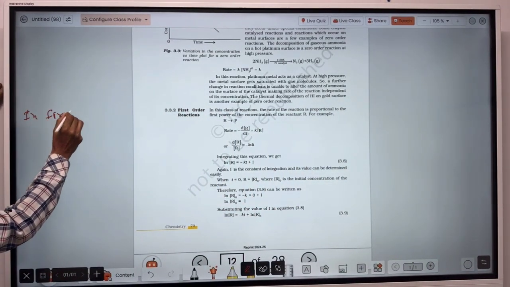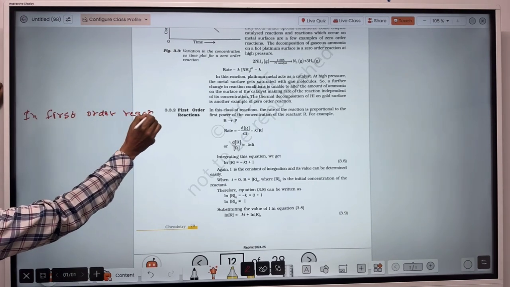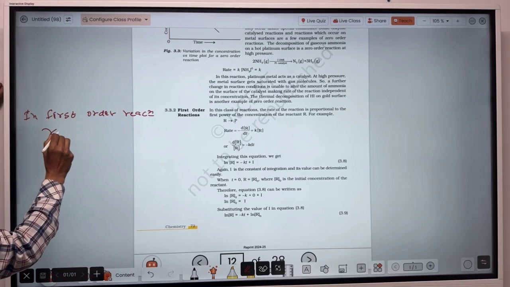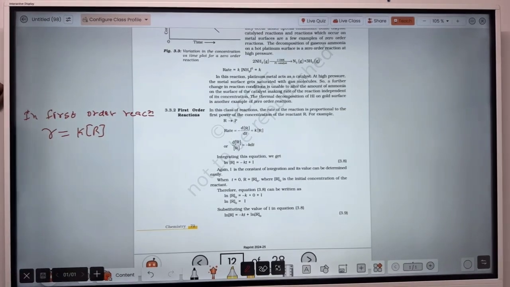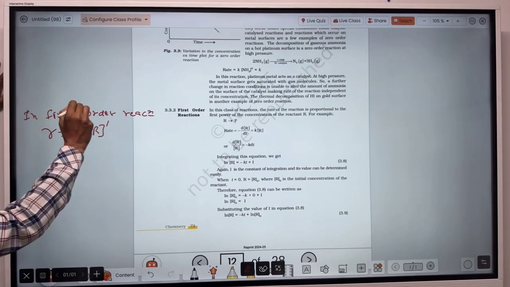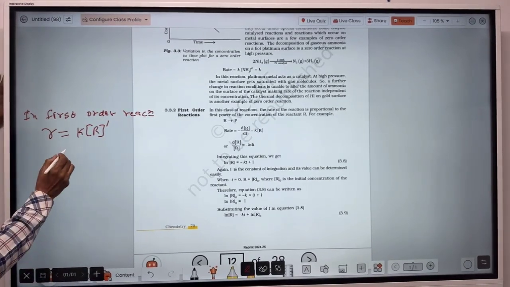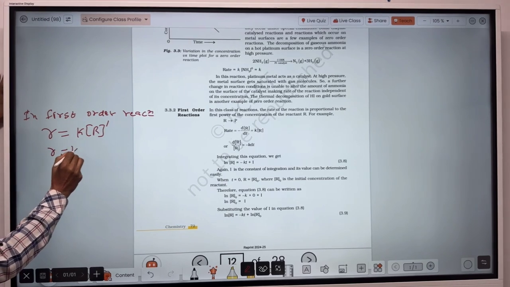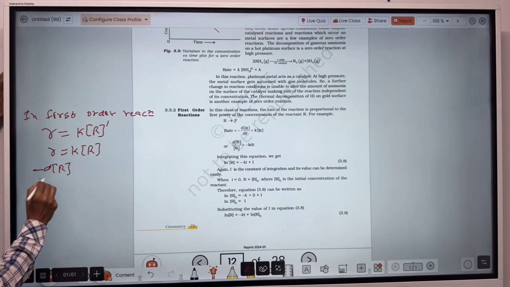In first order reaction, rate of reaction will be equal to k into concentration of reactant to the power 1. Here power 1 is nothing, it means power 1. So rate of reaction will be equal to k, the rate constant, into concentration of reactant. Rate of reaction can be written as minus dR by dt.